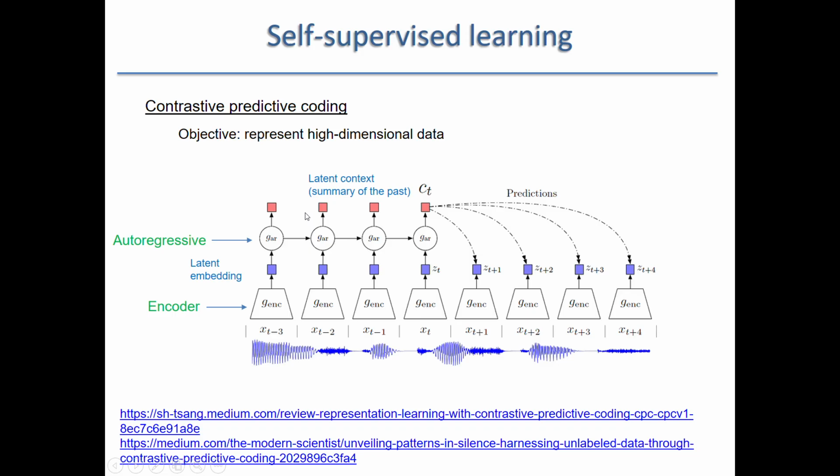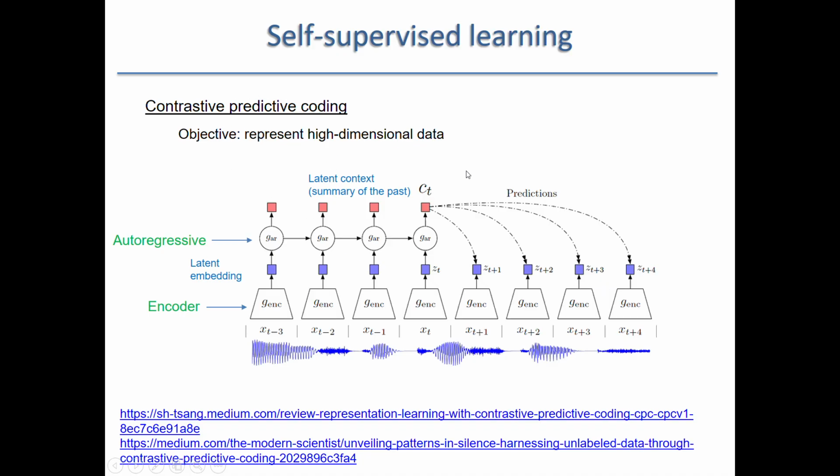So this is the coding part, but then the coding has to be useful to do predictions of the next embeddings. This is the predictive coding part.